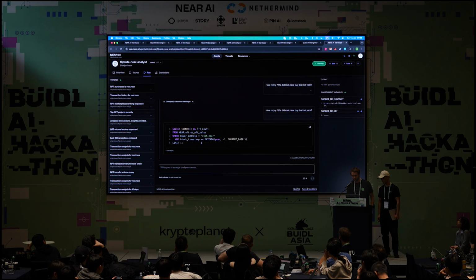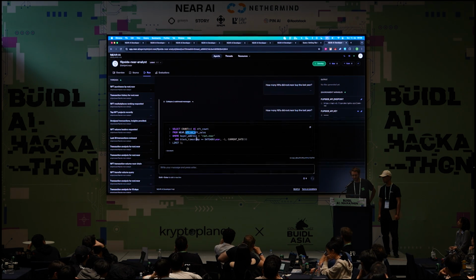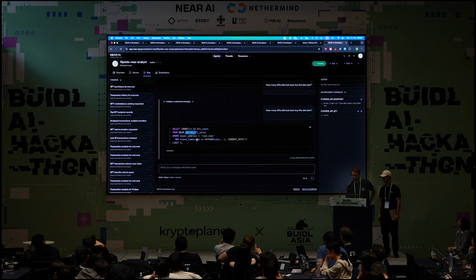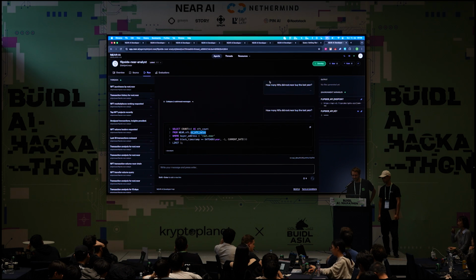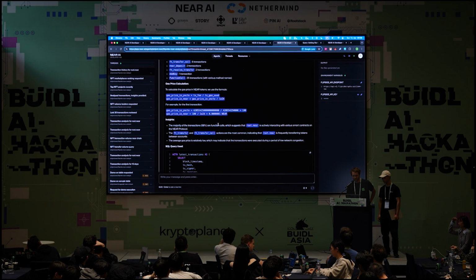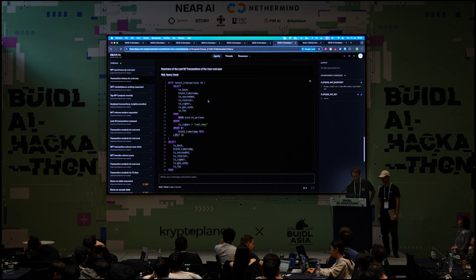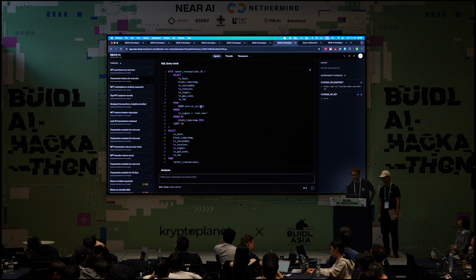We now create the query. Yeah, makes sense. You can see we use different tables here from the Flipside Crypto API. While it's loading, I will just talk. So easy NFT sales. Before this, we had the table for actions, so kind of the transaction simplified.